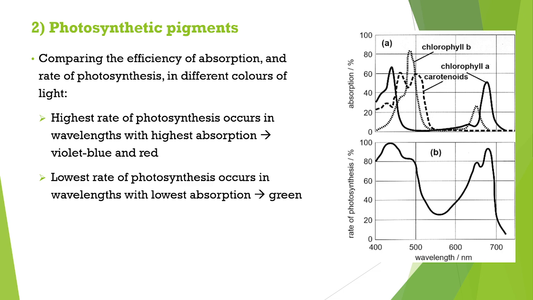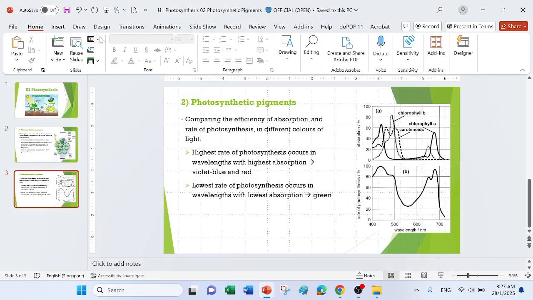So this proves that the light absorbed by the photosynthetic pigments is surely the light that drives photosynthesis. And indeed, the photosynthetic pigments are the ones that absorb the light for photosynthesis. Therefore, the similarities between the absorption and the rate of photosynthesis in this range of different wavelengths. So that's all about photosynthetic pigments.